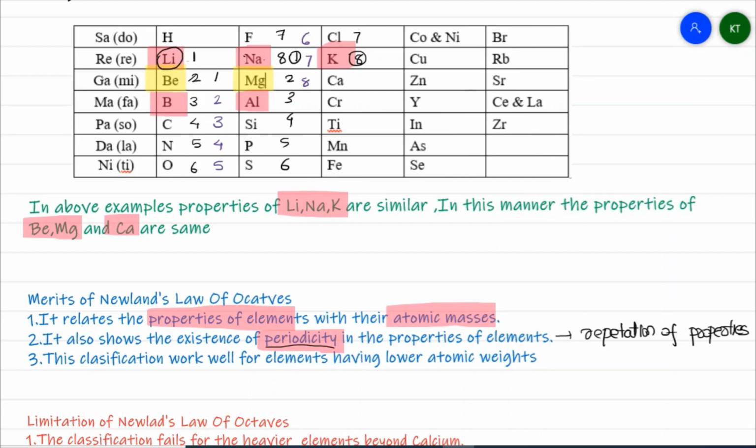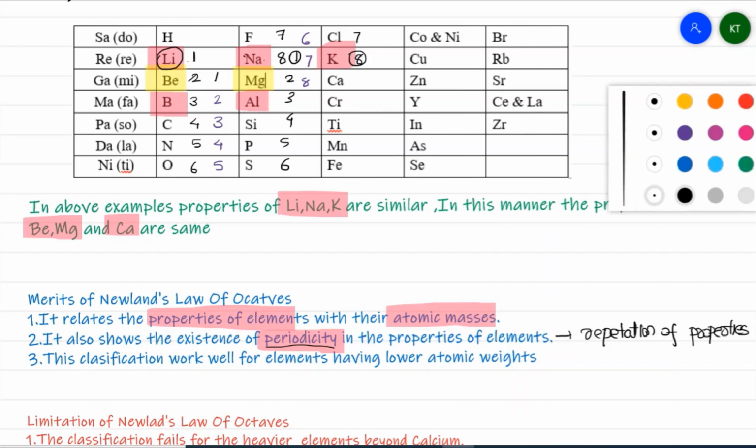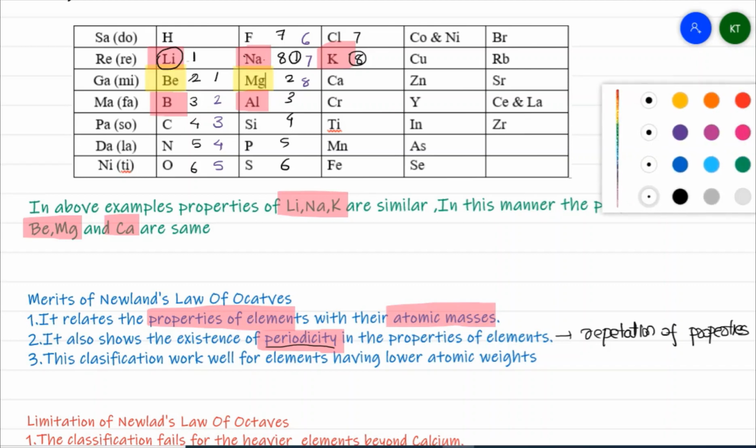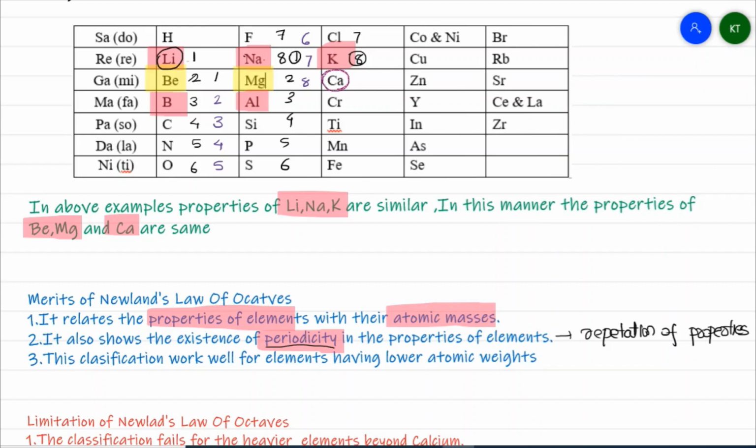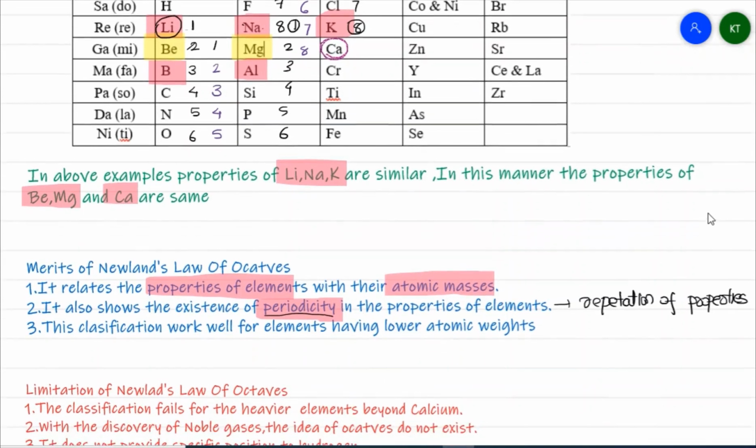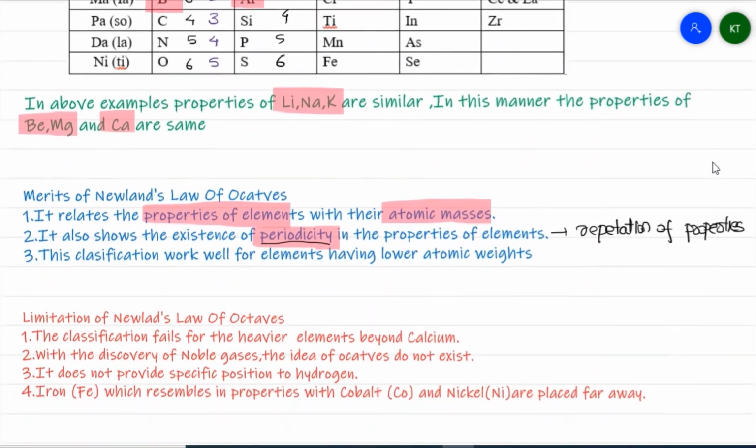This was the very first time this kind of periodicity was explained in classification. But this classification works very well only for lower atomic weight, till calcium. Beyond this, the classification has some problems. It cannot correlate the properties with other counterparts.